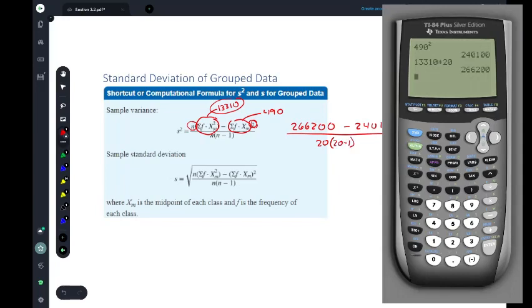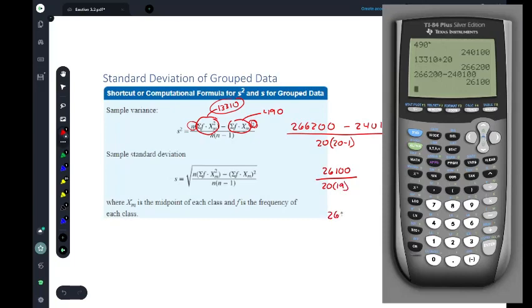So doing that numerator first, I've got my 266,200, and I have to subtract from that my 240,100. And when I do that, I get 26,100. So 26,100 divided by, well, 20 times 20 minus 1 is 19, right?